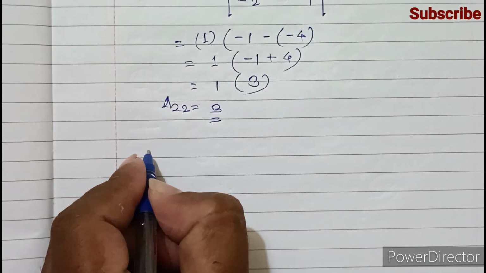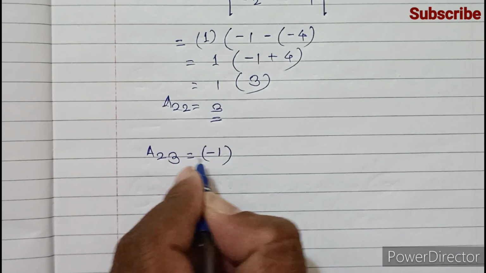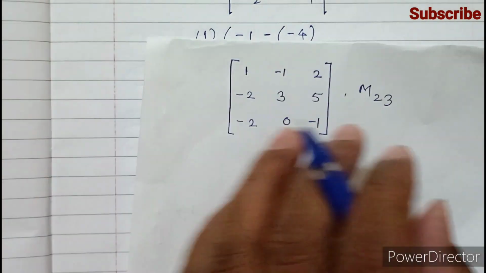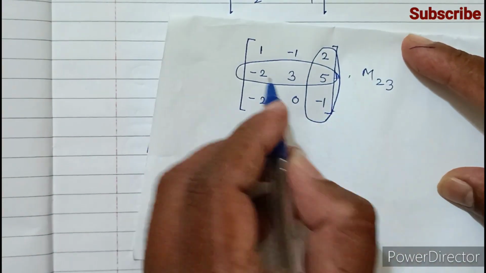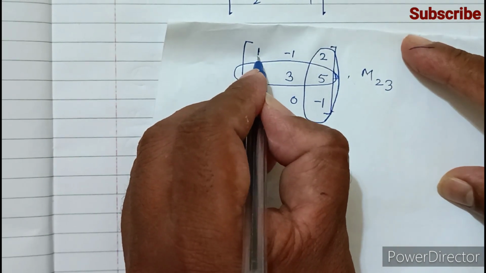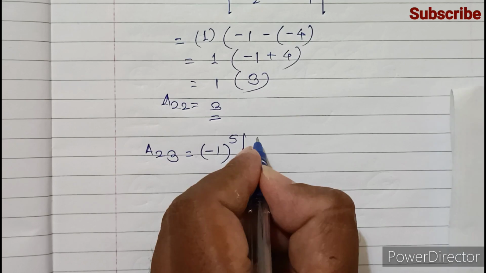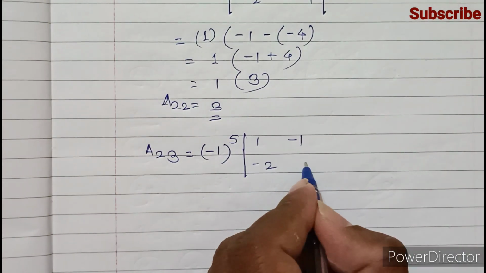Now the value of A23 will be equal to (-1)^(2+3), that is 5, into the minor where the second row and third column should be eliminated. The remaining elements are 1, -1, -2, 0.